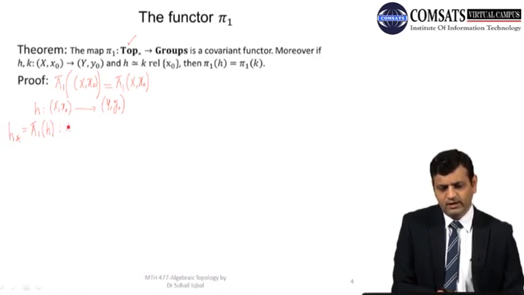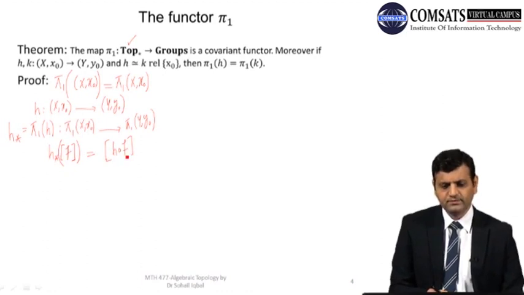This is going to be a map from pi1 of (X, x naught) to pi1 of (Y, y naught). What are the elements of pi1 of (X, x naught)? These are the path classes of loops based at x naught, and if I take the image of the class of f under h lower star, this is going to give me the path class of h composition f. So why is this well defined?